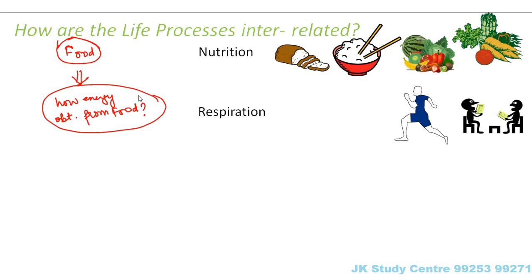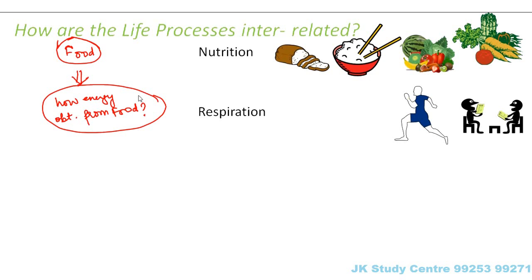So the body cannot utilize the food in its complex form. So what it will do, it will convert the food into a simpler form, and then in presence of oxygen, that simpler food will be further oxidized to give energy which can be utilized for later purposes. So in respiration, we will talk about how we get that oxygen which is needed to produce that energy, and how that energy is produced using the oxygen.